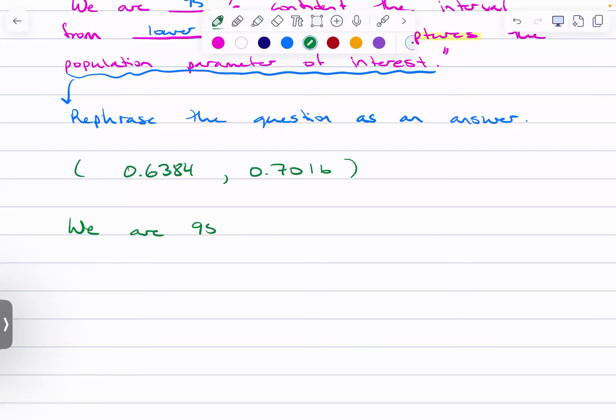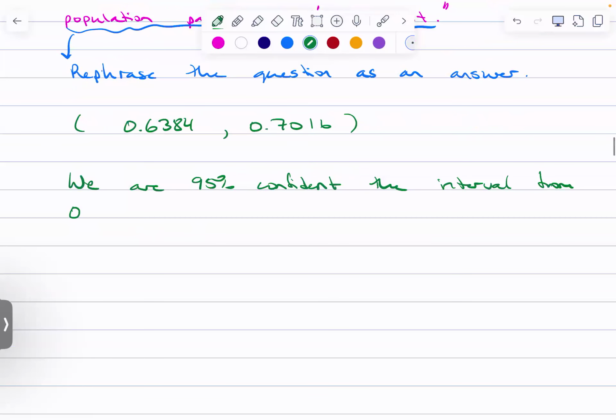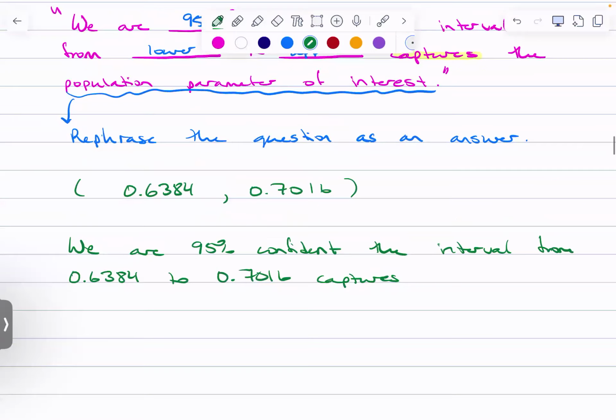We are 95% confident the interval from 0.6384 to 0.7016 captures whatever we were told to estimate in the question.